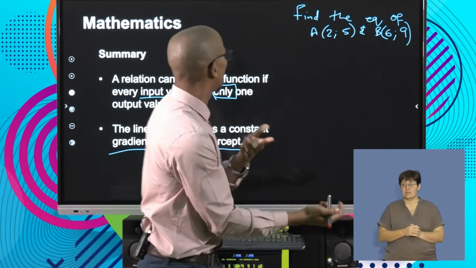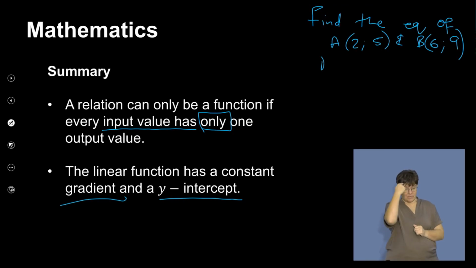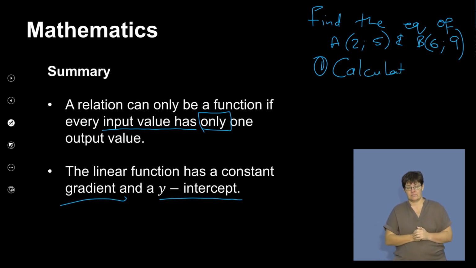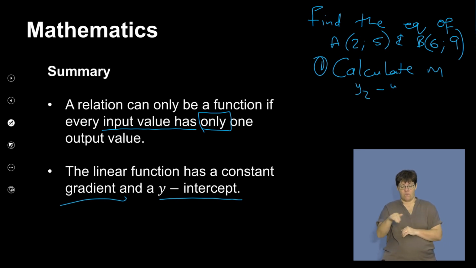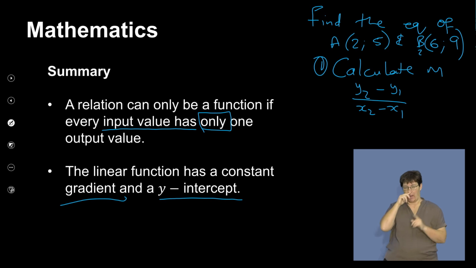So here, the very first thing that I know you are thinking about already will be to calculate the gradient. Calculate the gradient, right? And that will be y2 minus y1 over x2 minus x1. And then you plug the values in. The y2, you can treat it as the b there. The ones, you can treat them as the a there.